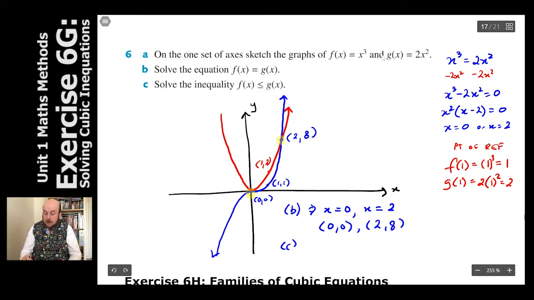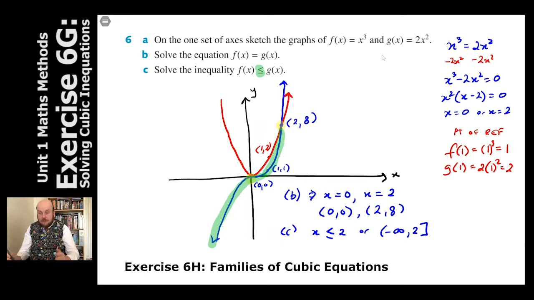For C, the points where the graph of f of x, the cubic, is less than or equal to g of x, that's going to be this entire bit here. So it's going to be x is less than or equal to 2. Or you can write it as negative infinity to 2.